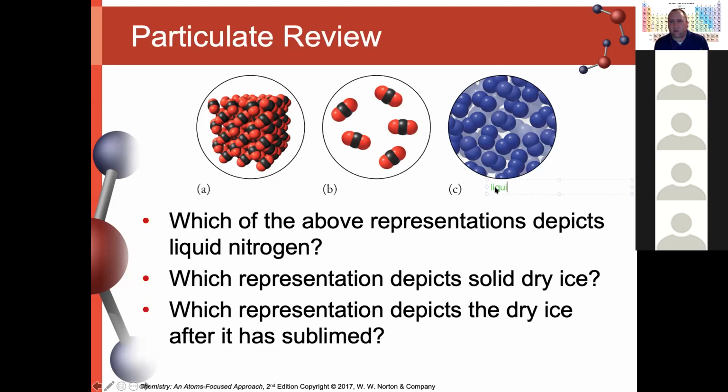C is liquid nitrogen. Now, there are 2 things we can tell about it that lead us in that direction. First of all, nitrogen is one of our diatomic elements. If you look at any periodic table, the diatomic elements are easy to find.